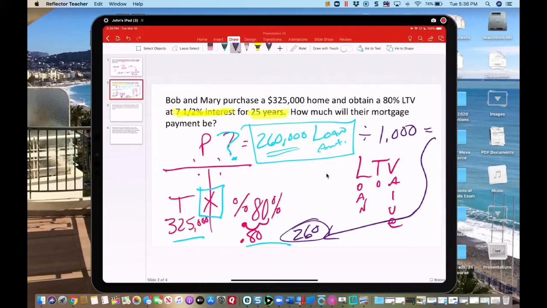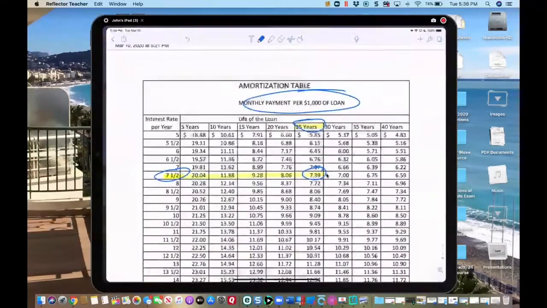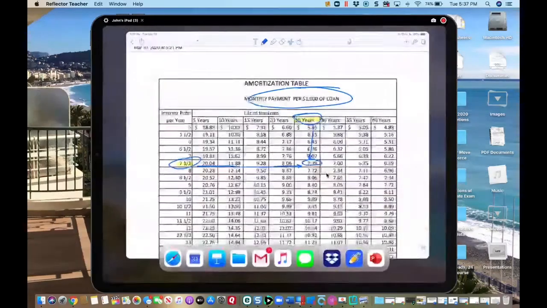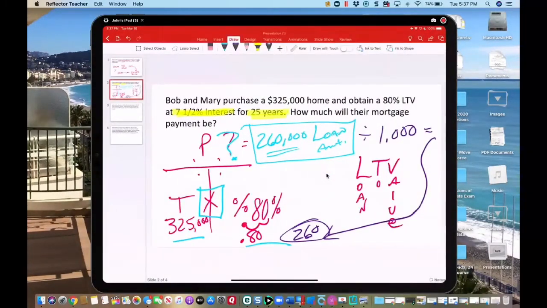Now, all we have to do is come back over and look at this 739. Remember, that's our number, 739. I'm going to erase that because I did something. 739 right there. And this is what you got to make sure that you get these lined up correctly, okay? So make sure that you're lining those up. So $7.39. So we take 260 times 739.